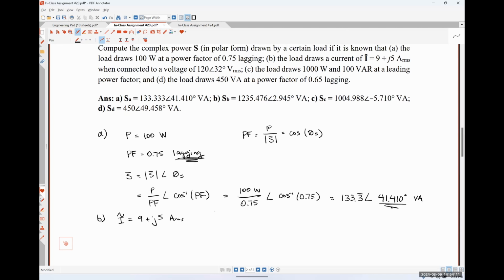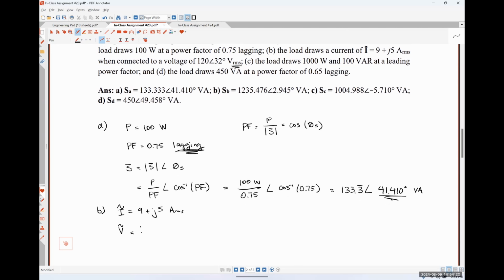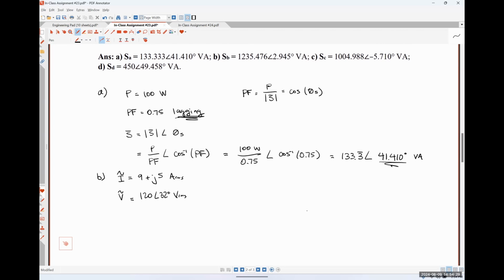It is connected to a voltage, an RMS phasor voltage, I can tell that because it has units of RMS, of 120 angle 32 degrees volts RMS. Using these two pieces of information, how would I compute the complex power absorbed by the load?